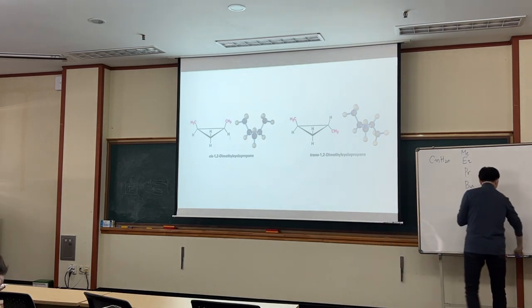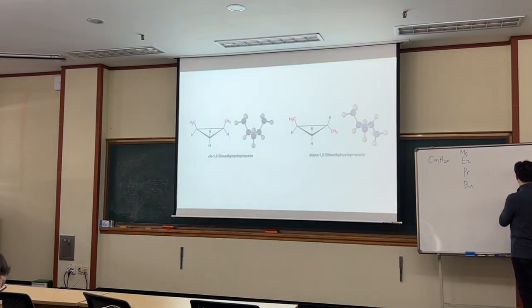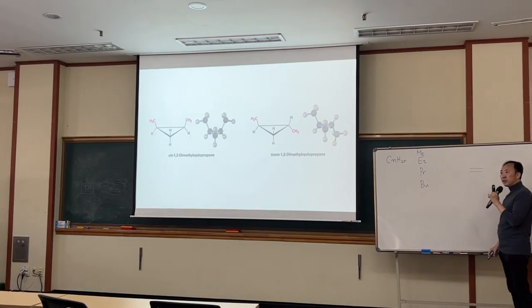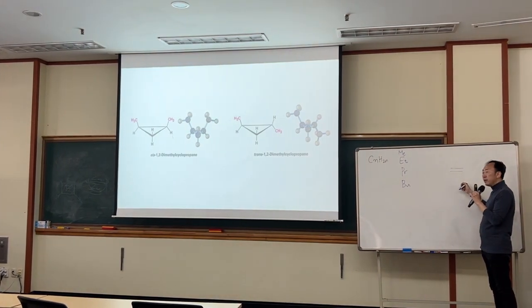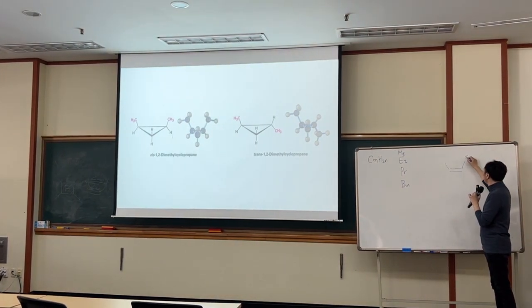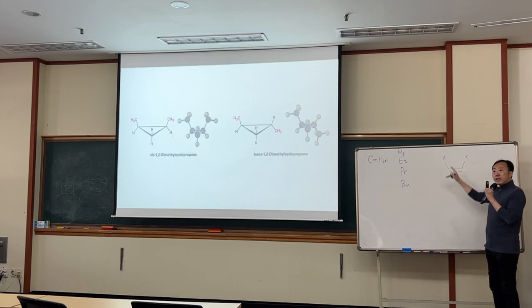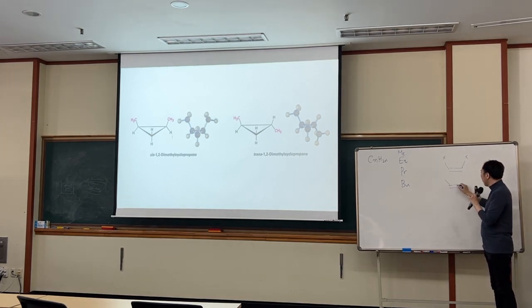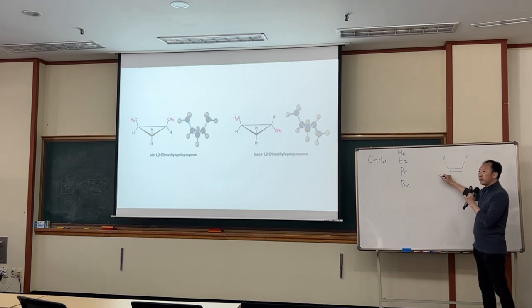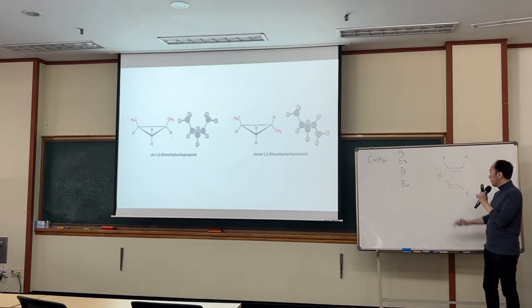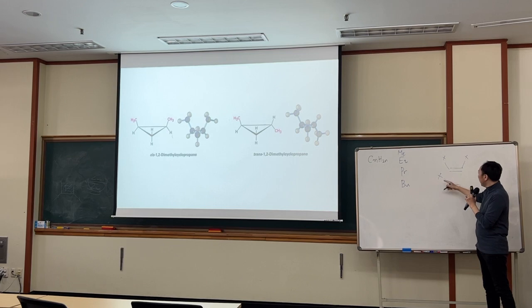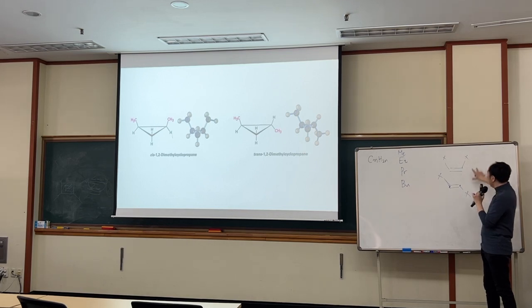Typically, this one I have seen before. If there is a double bond, same direction, this is the cis form. Opposite direction, this is the trans form. Similar situation. From this carbon, the connectivity to this X, and this one to this X, the connectivity is the same, just the position is different.